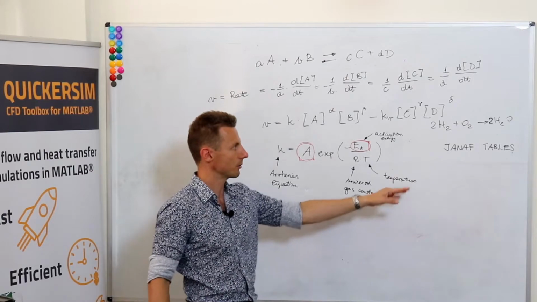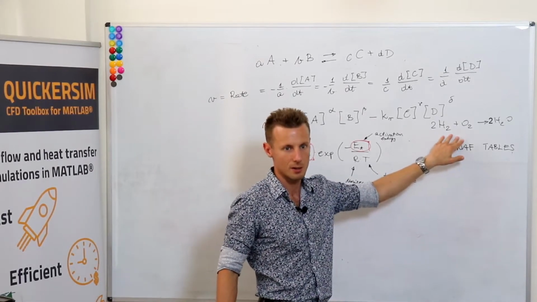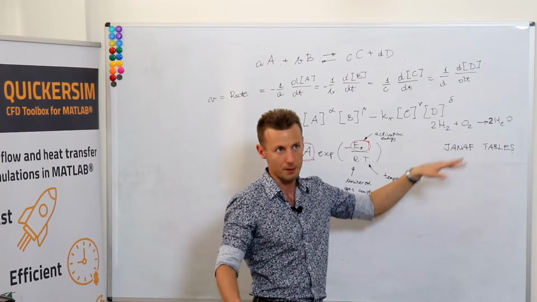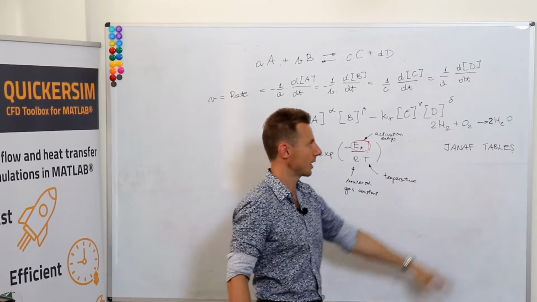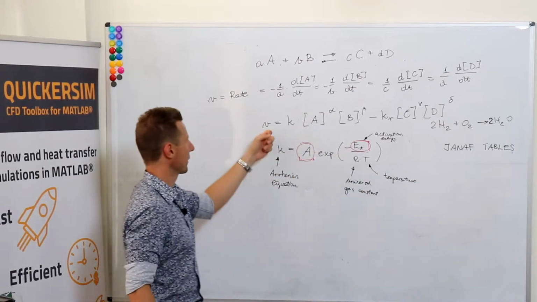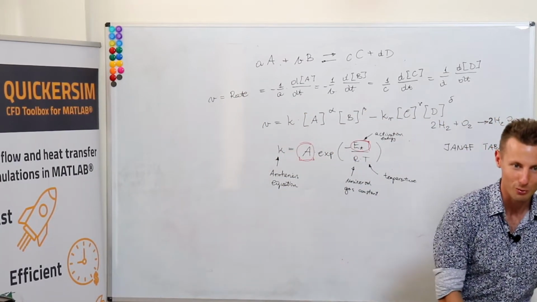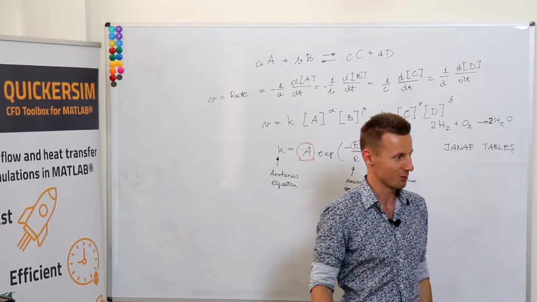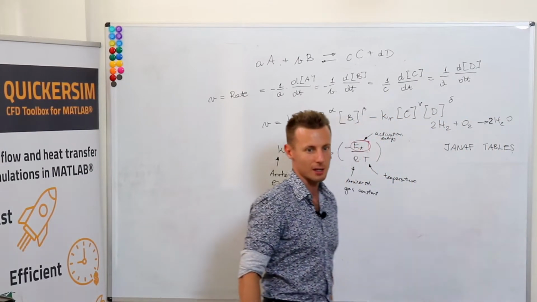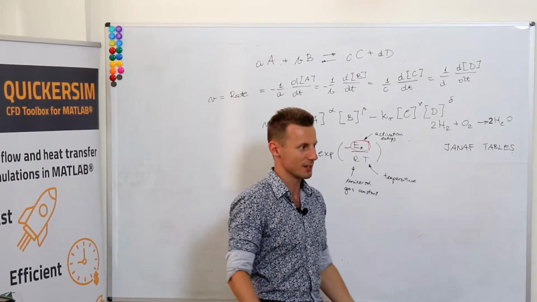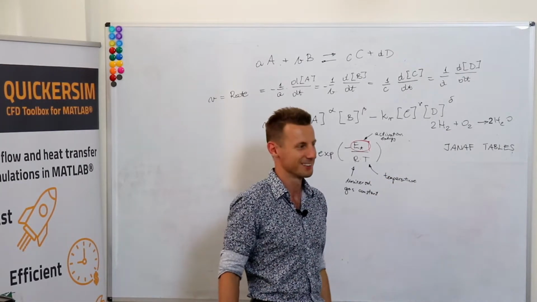So that's why if you calculate it for room temperature, I don't know what the chemical reaction rate will be, but probably something like 10 to the power of minus 12, or maybe even lower. If you take 3000 Kelvin, probably you will see that, yeah, it takes place.